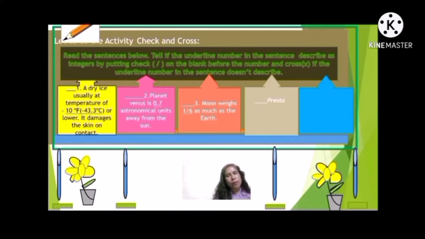Number 4. Presto, extremely fast, has 160 to 200 beats per minute. Presto is a music term. That is from the music subject.